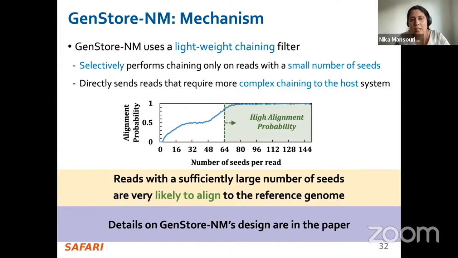It heavily depends on the use case and the degree of genetic variation between the read data set and the reference genome. For example, for humans, because we don't have that much genetic variation, the opportunity is relatively less compared to some viral samples or bacterial samples that evolve much faster.